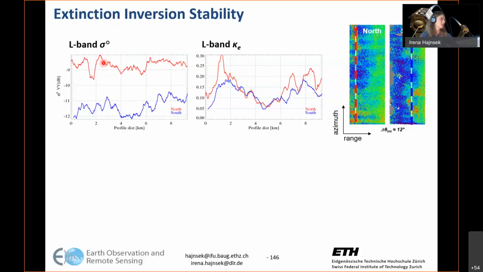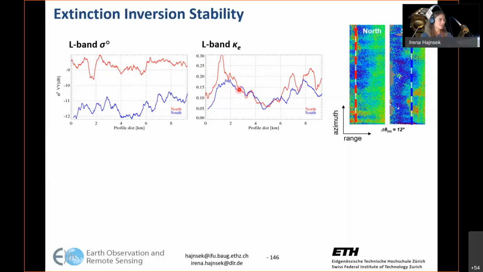And you see, if you look now from the north and the south part, then you see really strong differences in intensity along a line. This is now the extinction. And the extinction should be independent of the viewing direction, right? This is our main assumption, and we see this clearly in the data.